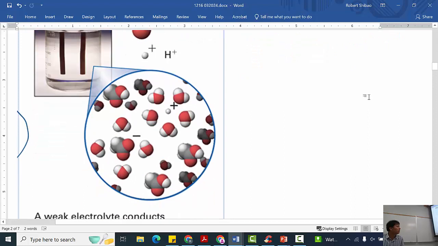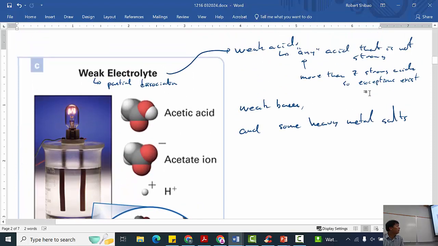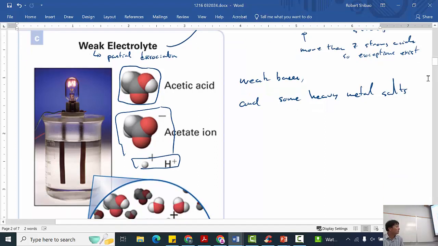Could you redefine partial dissociation? How do you define partial dissociation? This is acetic acid here. And in acetic acid, the H can split off and leave us with acetate. So acetic acid breaks up into, let's take a look.